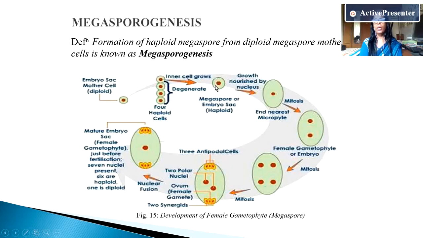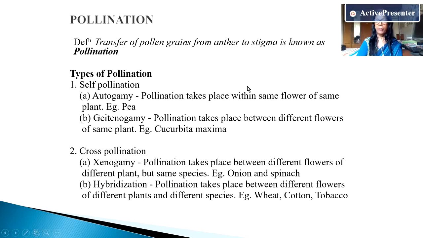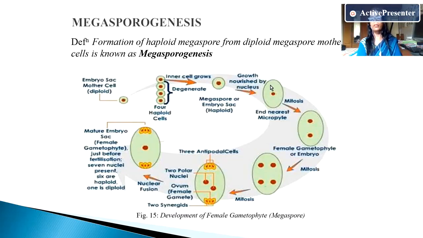This megaspore undergoes mitotic division: the first mitotic division forms 2 cells, the second gives 4 cells, and the third produces 8 cells. These 8 cells are arranged with 3 cells in the antipodal region, 3 in the micropylar region, and 2 at the center. So this is the female gametophyte or embryo sac.